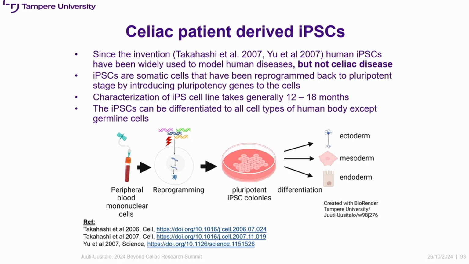And then the somatic cells which are differentiated, they can be induced to be pluripotent by introducing the pluripotency genes to them. And then thereafter, there is a characterization process to see that they are truly pluripotent and they are behaving as they should. And then after that, they can be differentiated and used to generate all different tissues and cells of the human body.